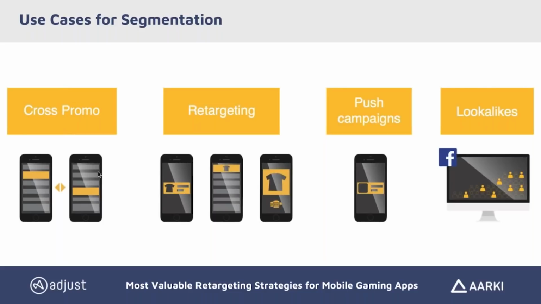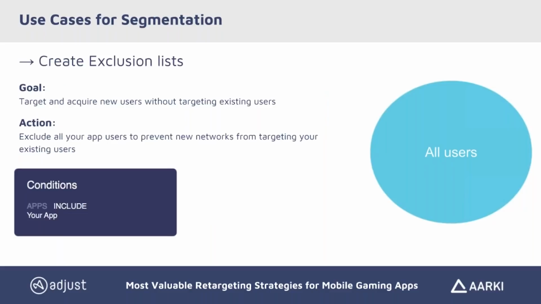For lookalikes, this is great because of the connection that we have with Facebook. We can share the data that we want, so not all data. We can share everything we want with Facebook, and we can create very granular custom audiences and lookalikes for better user acquisition.